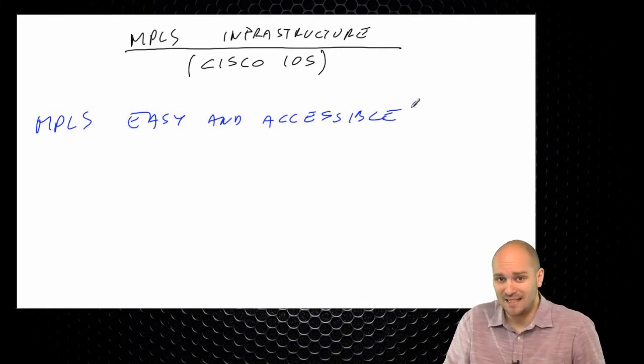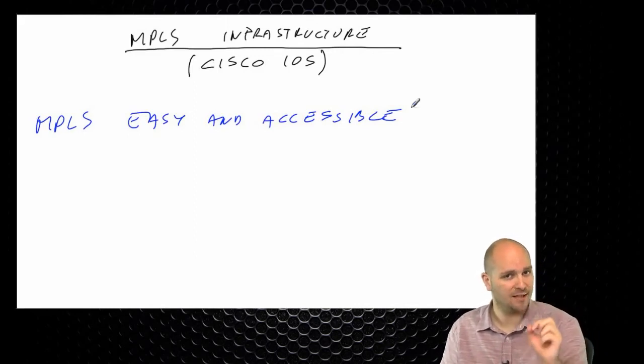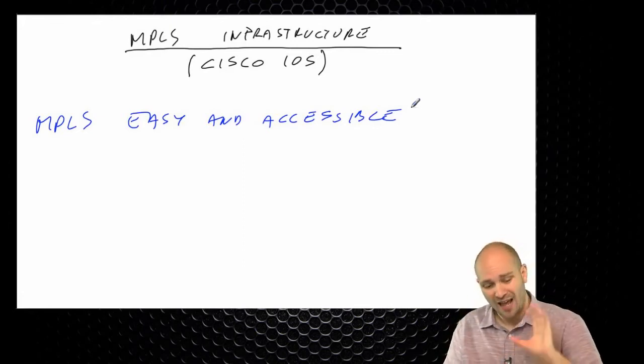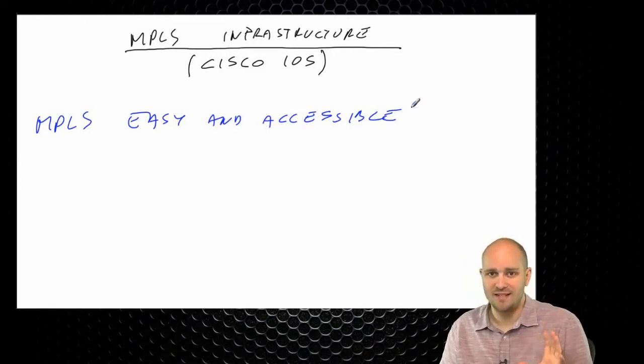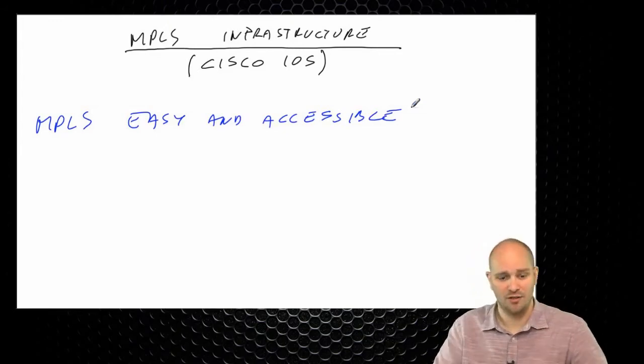So MPLS itself is not that complex. It's the MPLS applications that add the complexity there. So we're going to talk about MPLS applications later on, but right now I want you to have this in mind, that Cisco with Cisco IOS is trying to make MPLS rather easy.